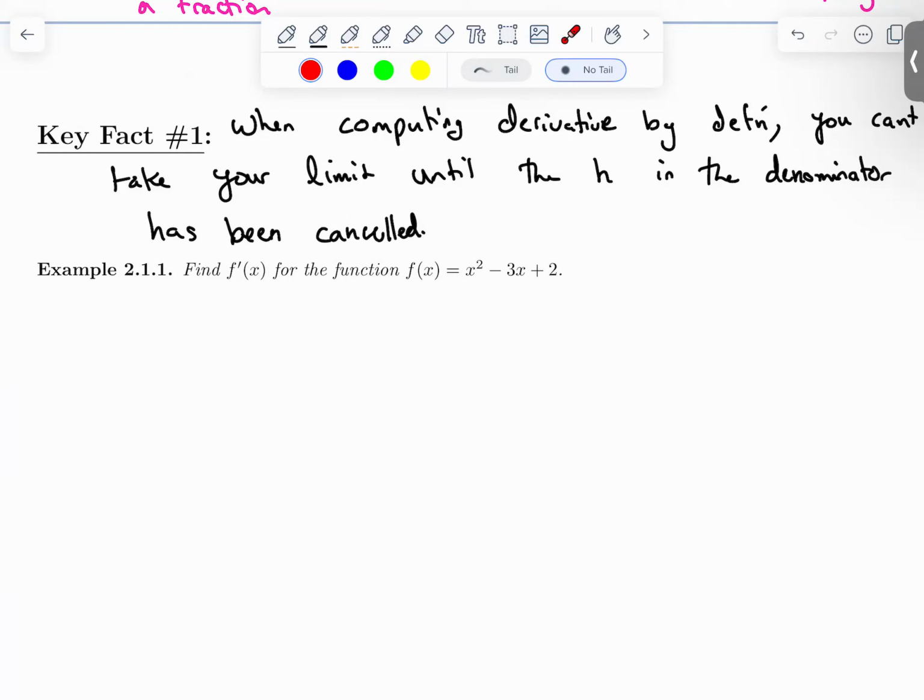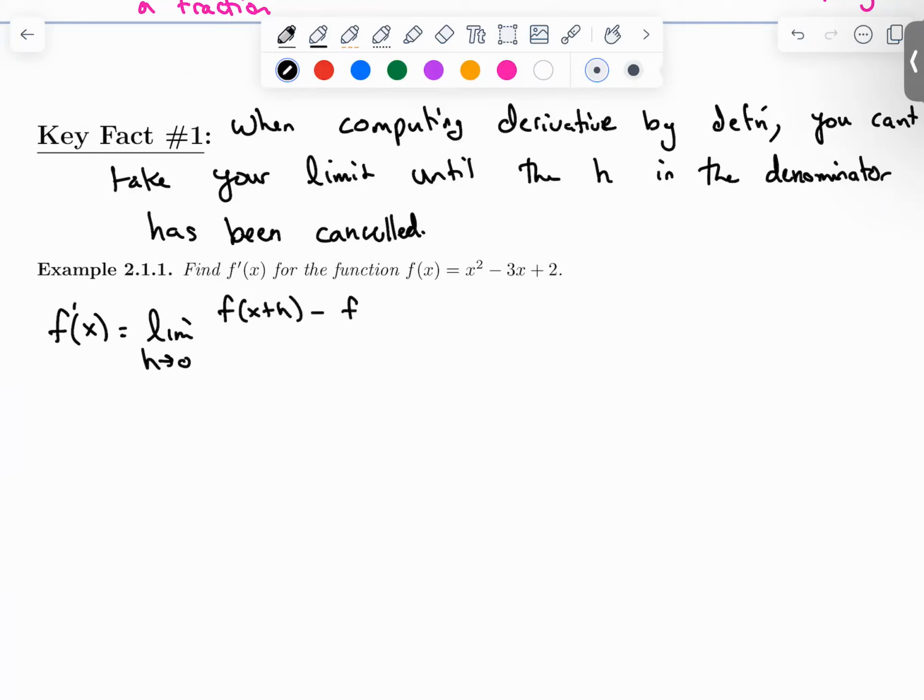I guarantee you, you'll write it enough times that you'll just start to memorize it. So this one, f prime of x is the limit as h approaches 0 of f of x plus h minus f of x, all divided by h.